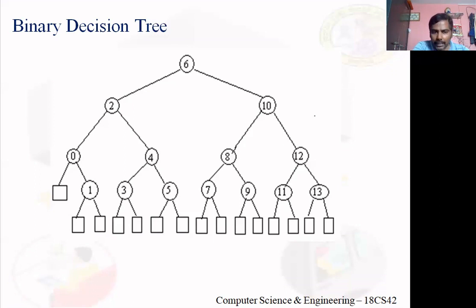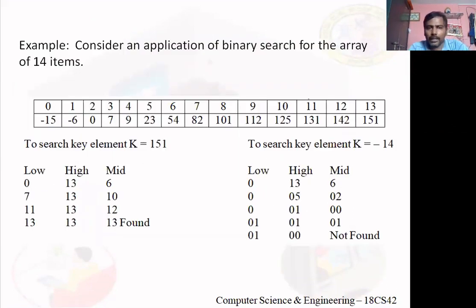And the second rectangular node, what you can see in the last level, while I traverse from left to right, is in between node 0 and node 1. It represents all unsuccessful elements that are between index 0 and index 1: minus 14, minus 13, minus 12, minus 11, minus 10, minus 9, minus 8, minus 7.